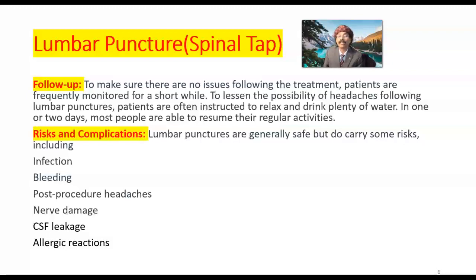Usually it disappears, but if it continuously leaks, then a few drops of the patient's blood are injected to that site so that the blood will clot and block the passage for the CSF to come out. Allergic reaction, as we discussed, may be due to iodine-based radiological substance, antibiotic, anesthetic, or anti-cancer drug.